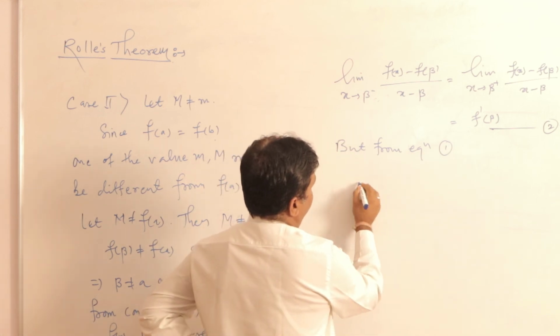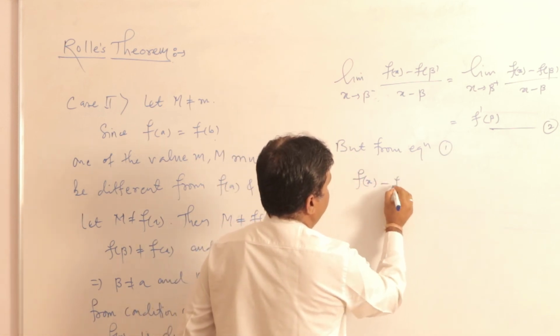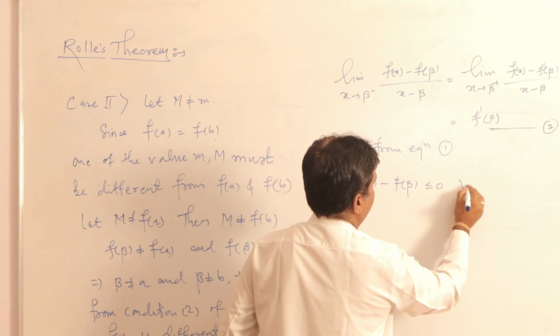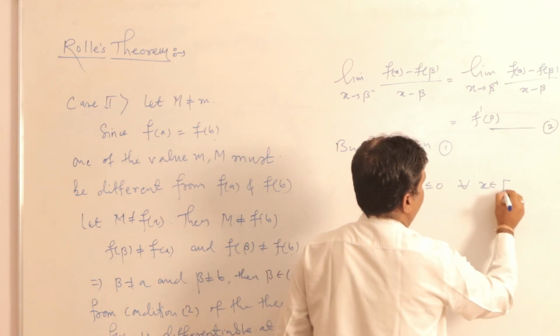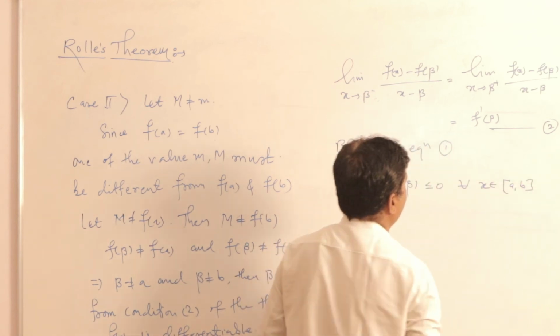we write f of x minus f of beta is less than or equal to 0 for all x belongs to closed interval [a, b].